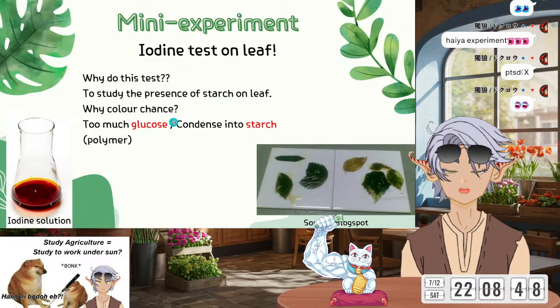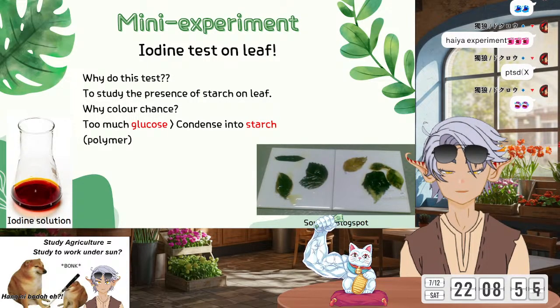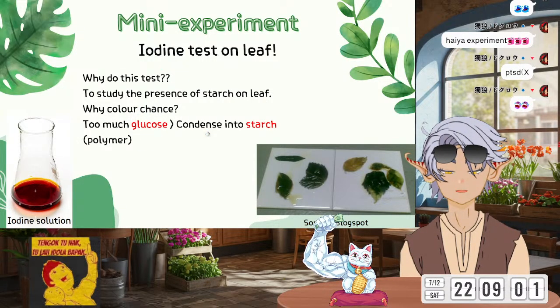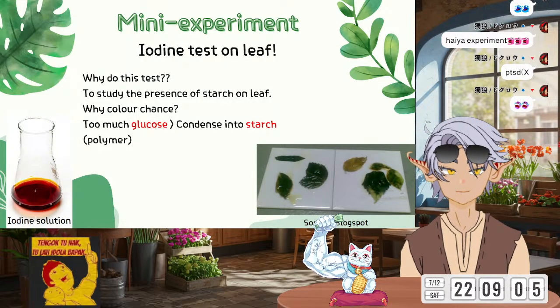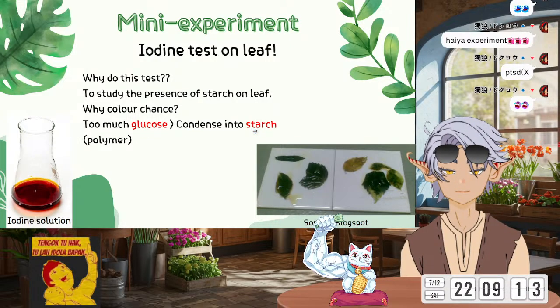So hard to imagine. The glucose you say is the basic unit, and suddenly starch is a polymer. Okay, imagine glucose is one piece of Lego, and you want to build a castle using Lego. So you stack those glucose together, and you stack, and it becomes a big one, which is called the castle.